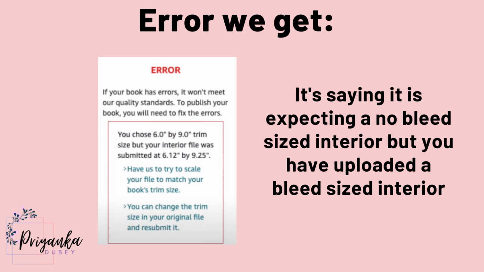What it means is that it is expecting a non-bleed sized interior, but you have uploaded a bleed sized interior. So when you are uploading your book, on the second page, when we are selecting the size and our manuscript, in that same option we get the bleed and no bleed options as well.